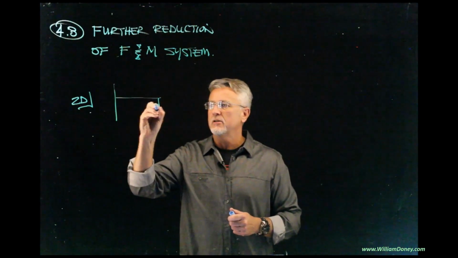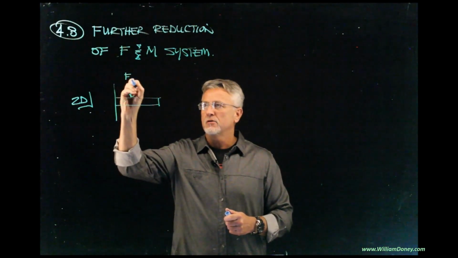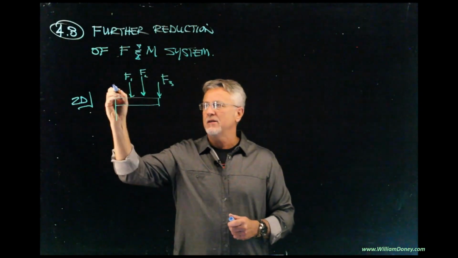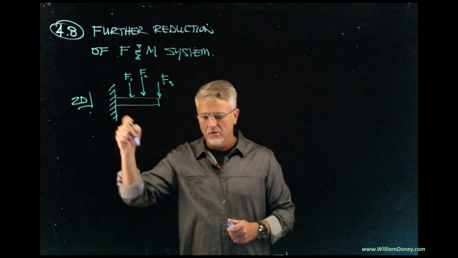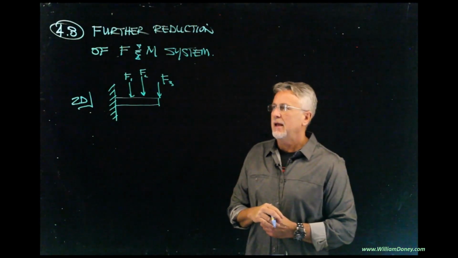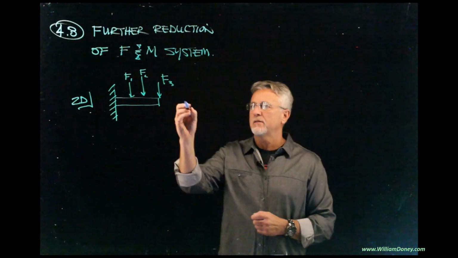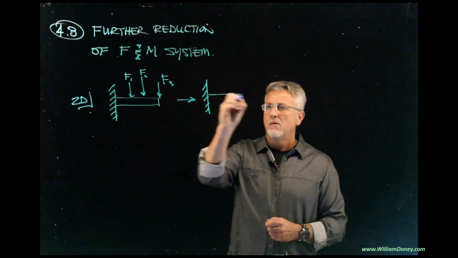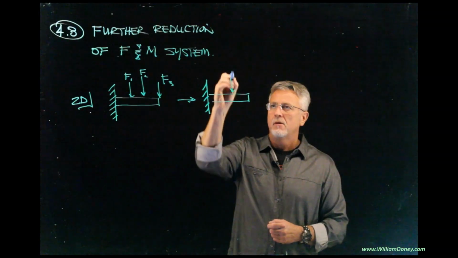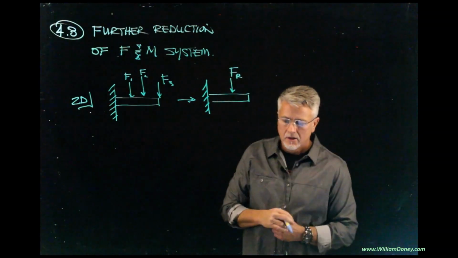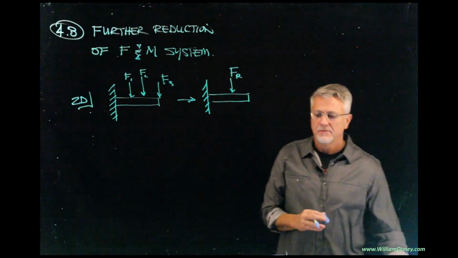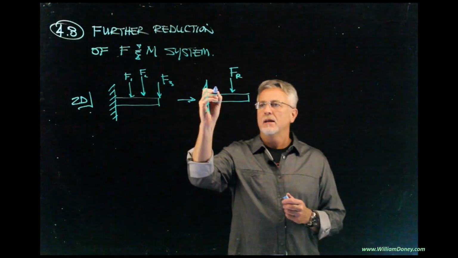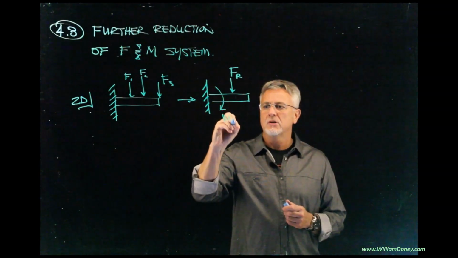In 2D, what we're looking to do is, if we have force 1, force 2, force 3 acting on this beam or this structure out here, let's say we want to reduce that to a single force and resultant moment.